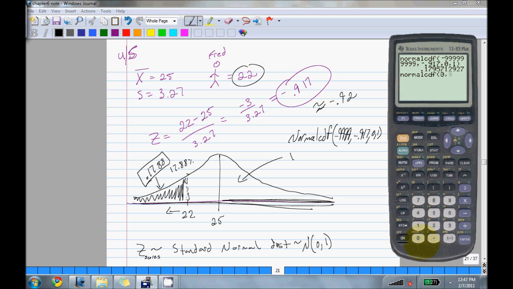Then, what is the age that I'm trying to go to? Trying to find between 0 and 22. Then I do my mean. Did you get it now? Good. 25 is our mean. And what's our standard deviation? 3.27. I enter all that. Bada bing, bada boom. Get the same thing.